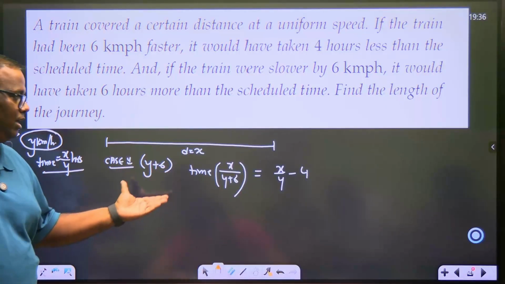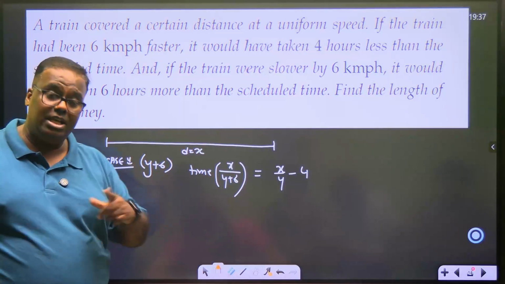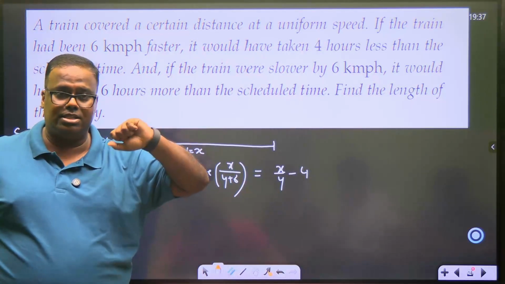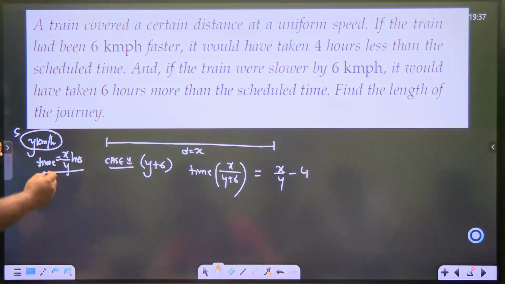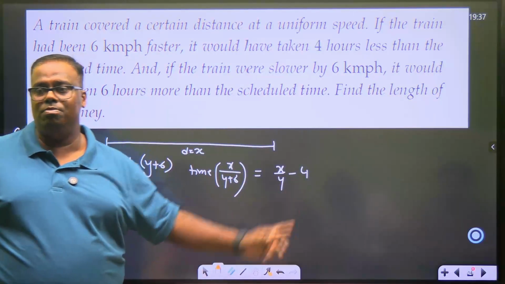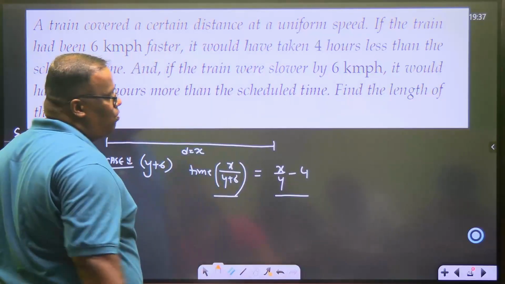So the time taken is distance by speed. But they say that the train actually takes 4 hours less. 4 hours less from what? The usual time. So the usual time is x by y, so its time is x by y minus 4. So these two times can be equated as equation 1.